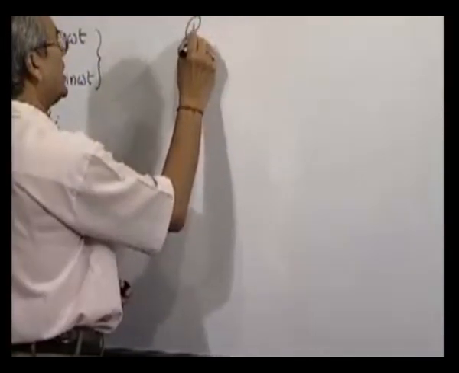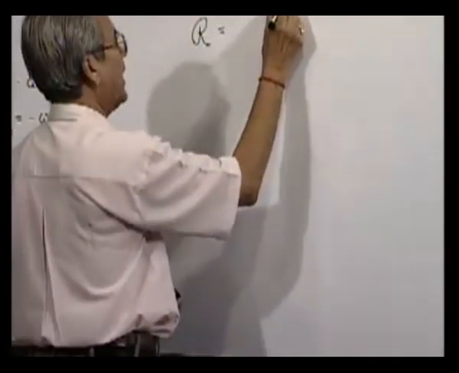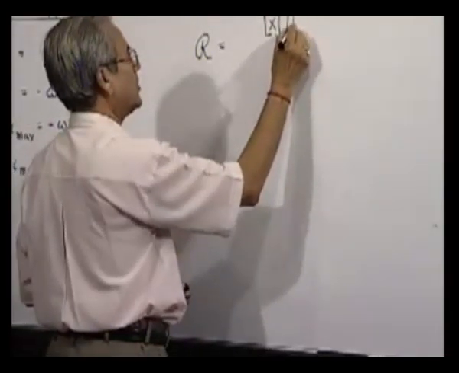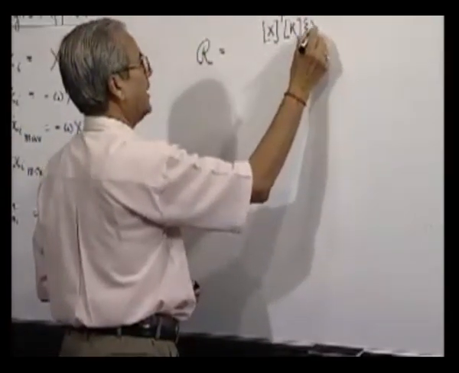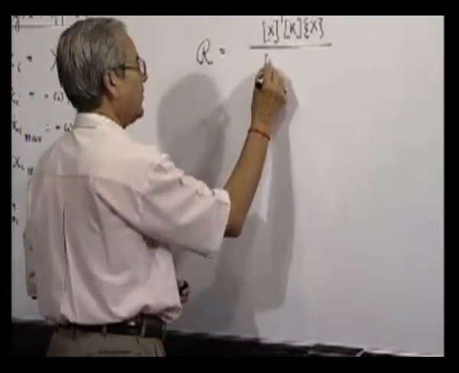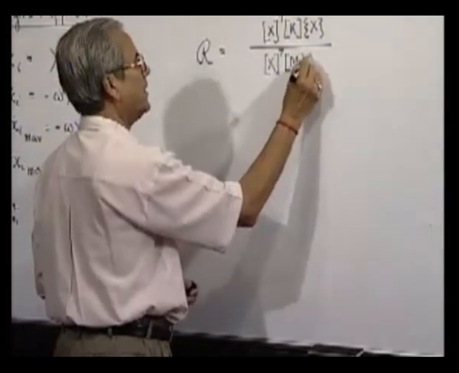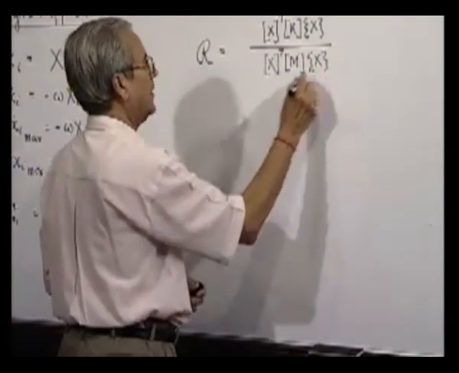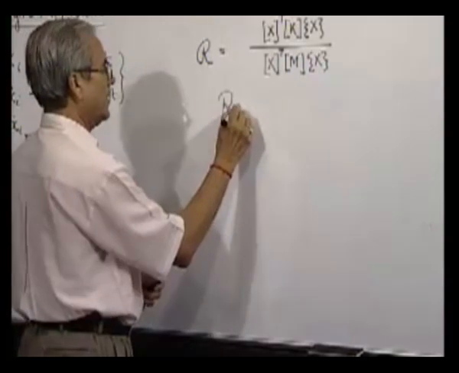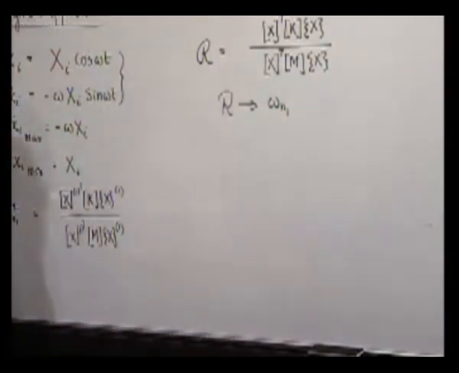So, Rayleigh's quotient R is for an assumed mode shape X, which need not be exactly the same as the first mode, and divide this by this quantity, then R tends to omega n1 as X approaches the first mode.